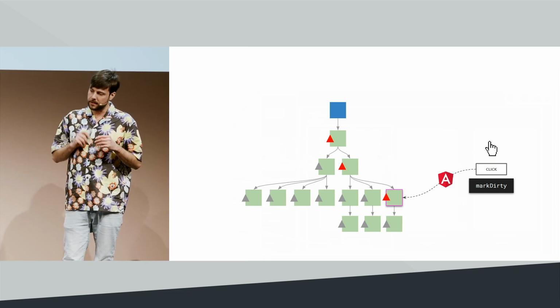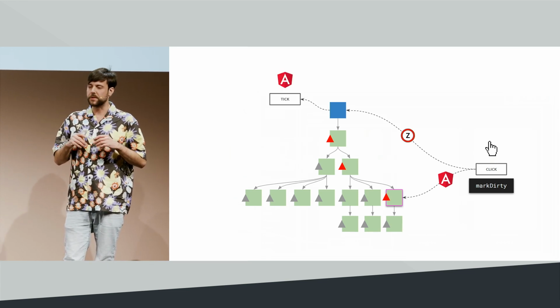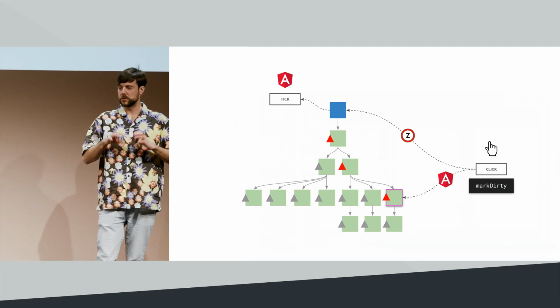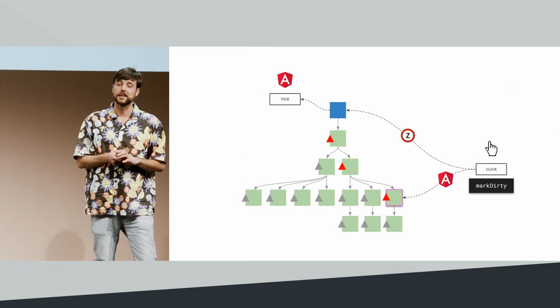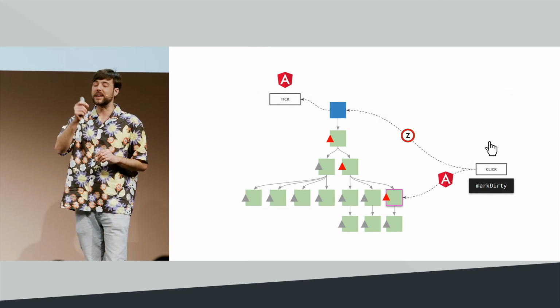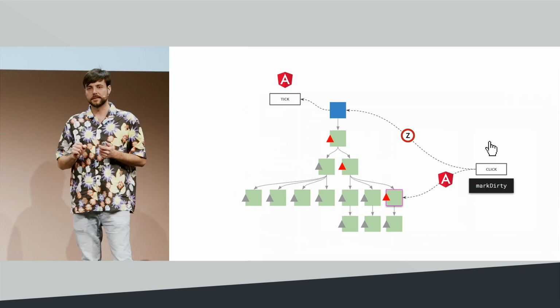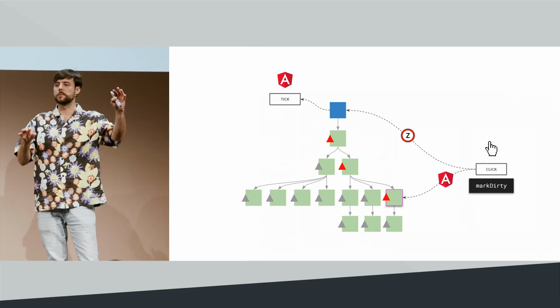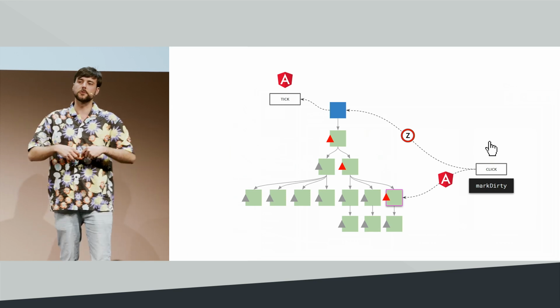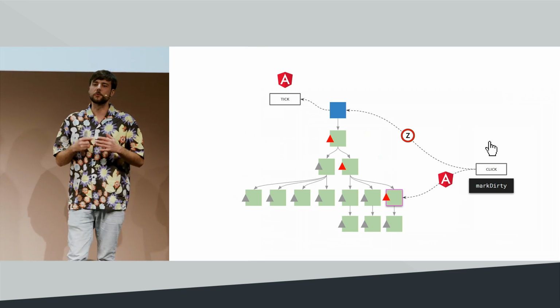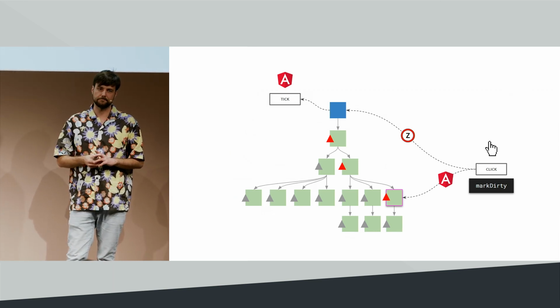And in parallel to this, there is another process triggered, Zone.js. Zone.js patched all your browser APIs. Zone.js also patched your event listeners. And therefore, if you click the button, in parallel to the dirty marking process, Zone.js will also wait for a very little moment, and then it will execute re-rendering of your application.